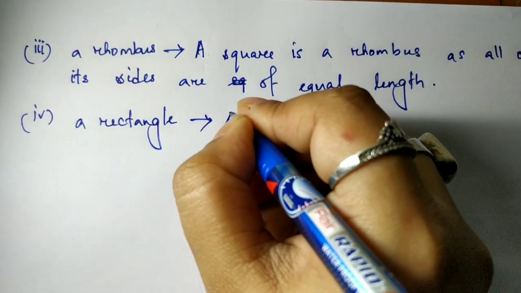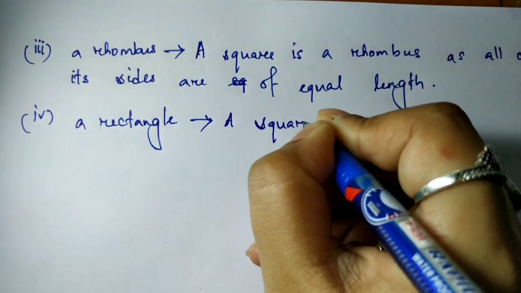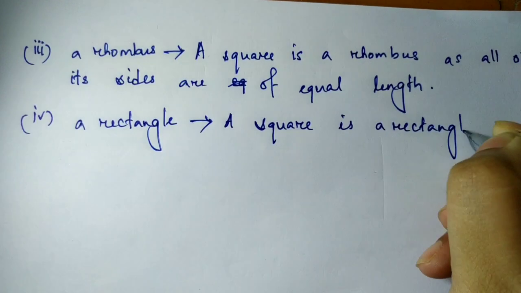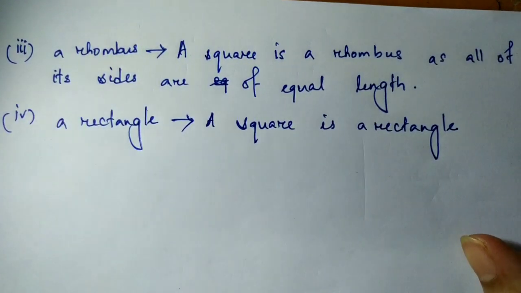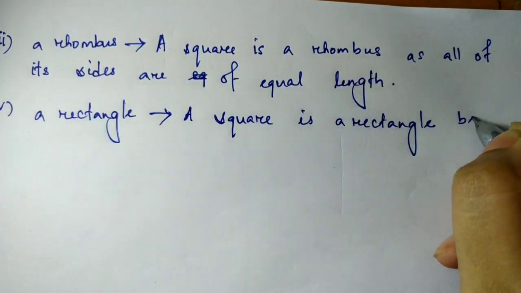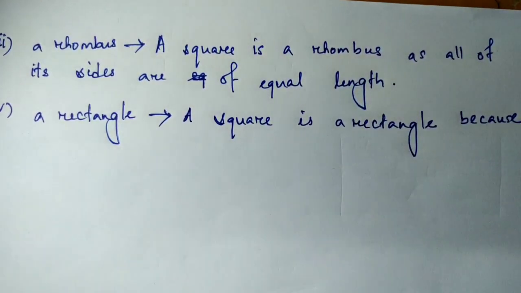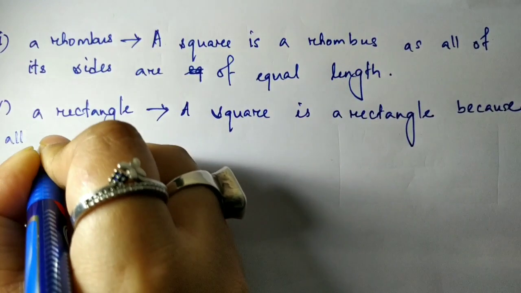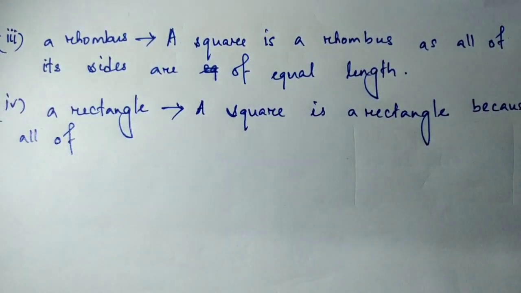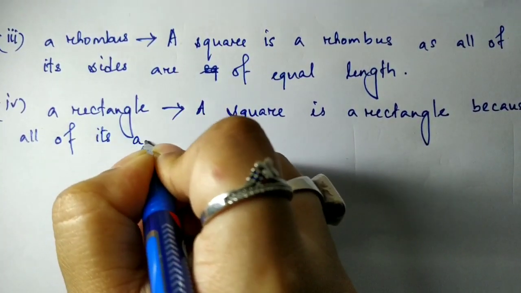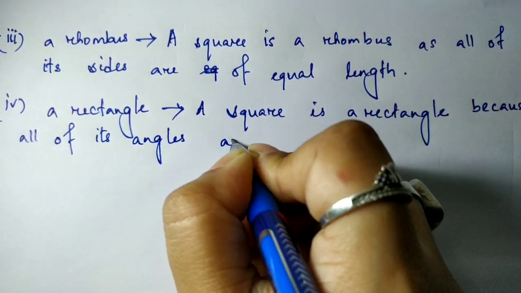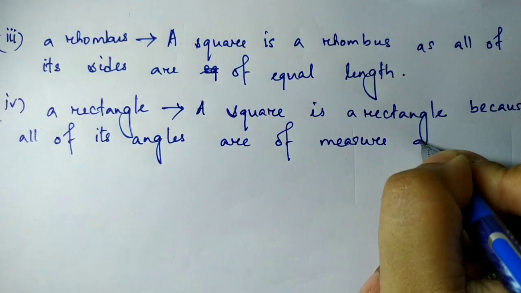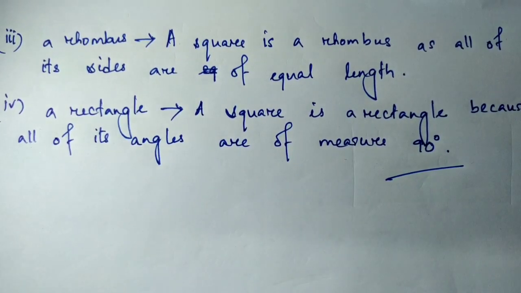So a square is a rectangle, because all of its angles are of measure 90 degrees. So this is the condition.